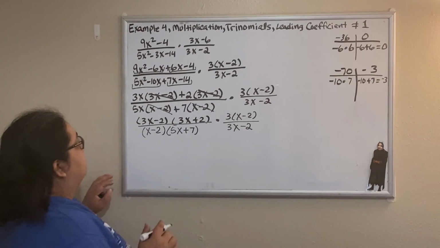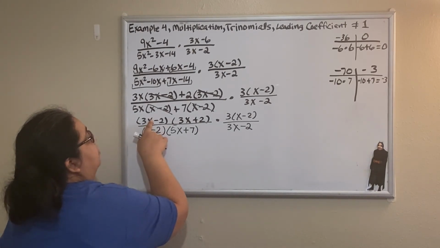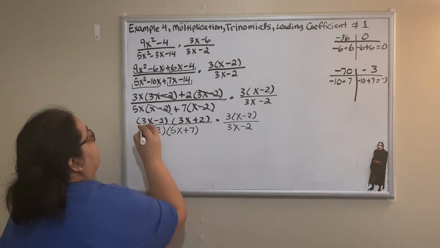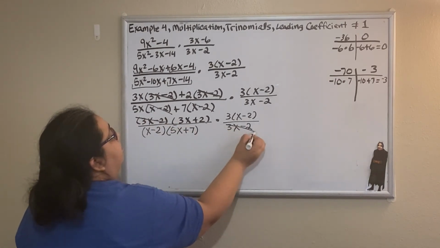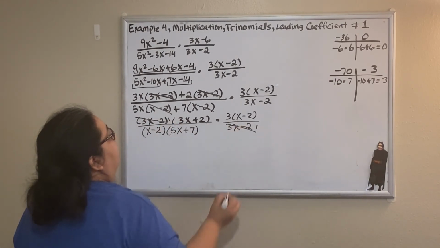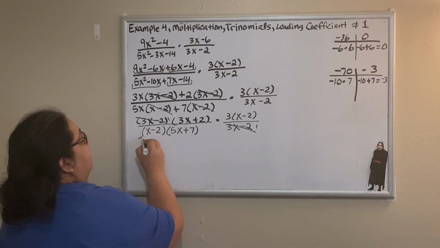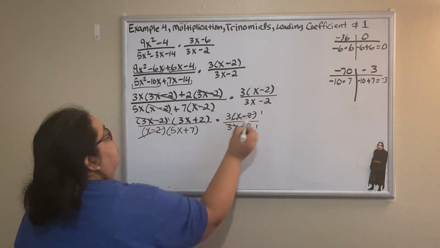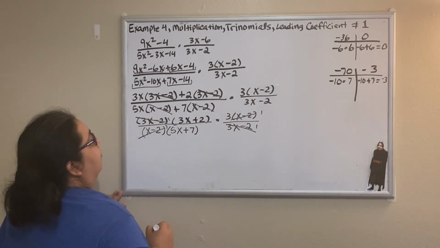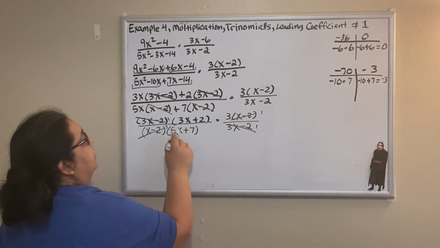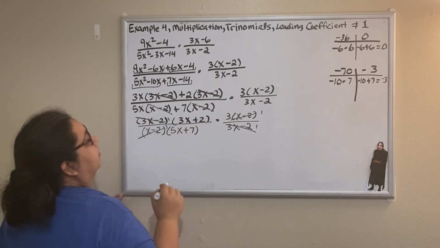So notice I have a 3x minus 2 in the numerator and a 3x minus 2 in the denominator. So they are both going to reduce to just 1. And then I have an x minus 2 that matches here as well, and they're both going to reduce to 1. And it doesn't look like anything else reduces.